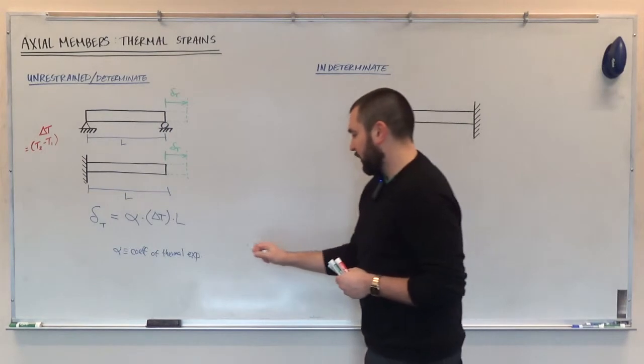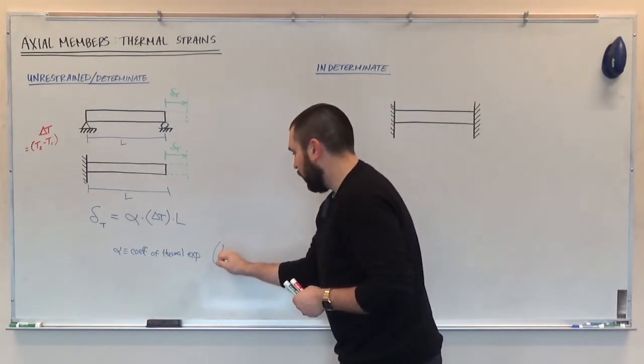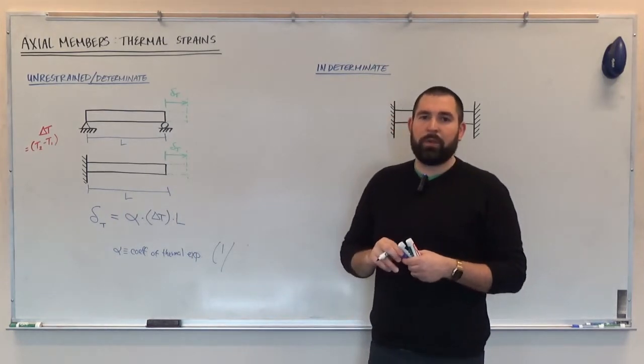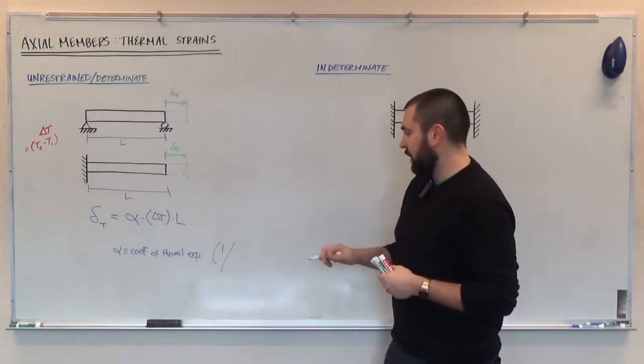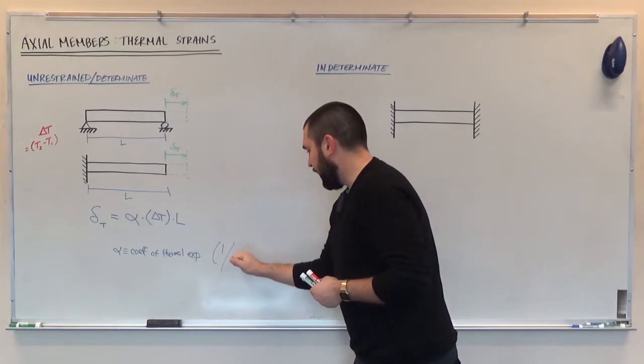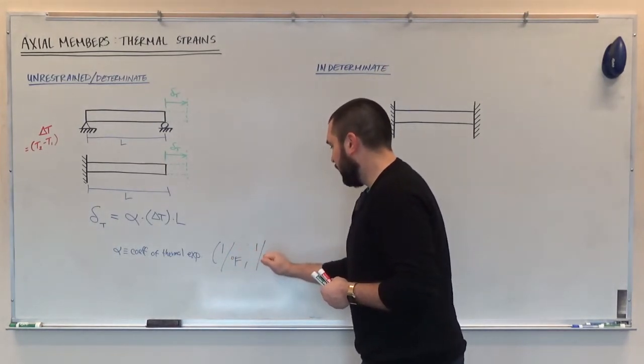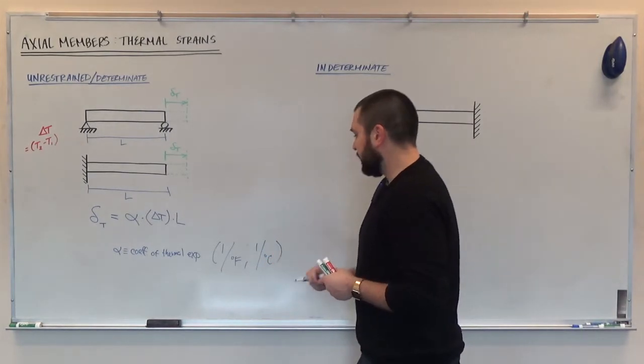Commonly, the units on this are going to be 1 divided by whatever coordinate system's temperature measurement you're in. So that could be 1 divided by degrees Fahrenheit, or it would be 1 divided by degrees Celsius.